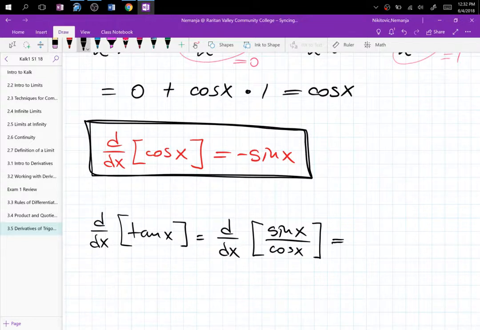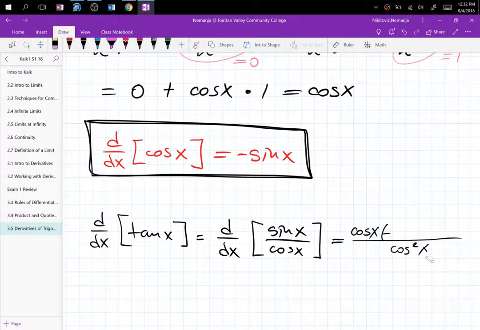Quotient rule, exactly. So let's go. Quotient rule, we have the denominator squared, so it's cosine squared x. Copy the denominator, the derivative of sine is cosine. And then minus, copy sine.